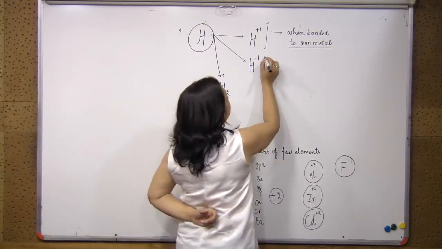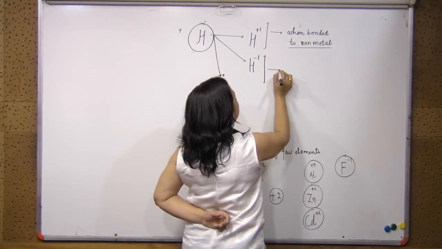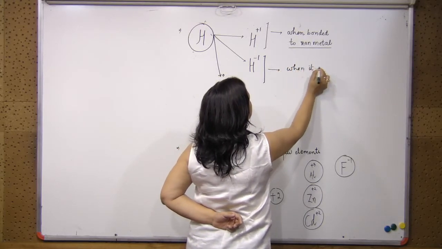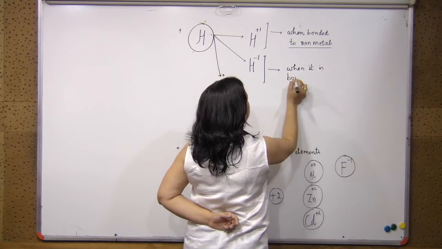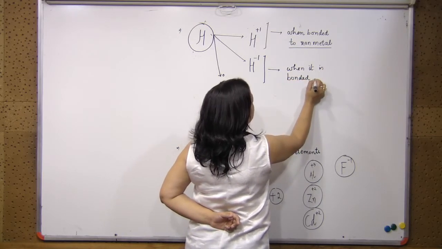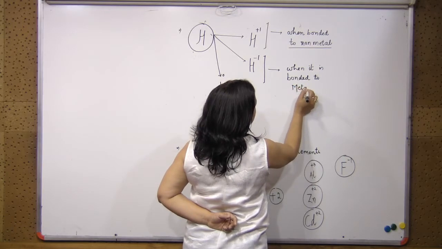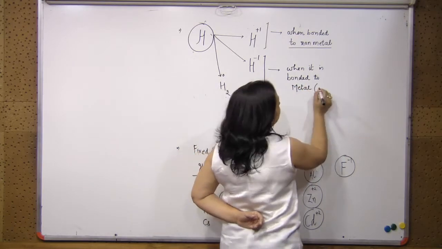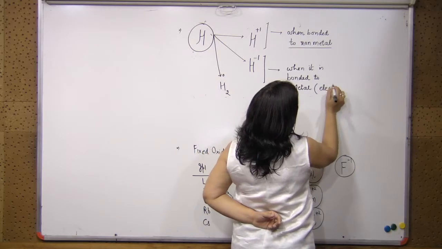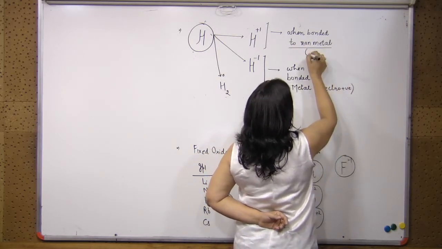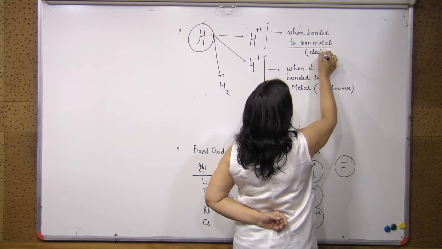Hydrogen -1 when it is bonded to metal. Metal we can say electropositive element, and non-metal it is electronegative element.